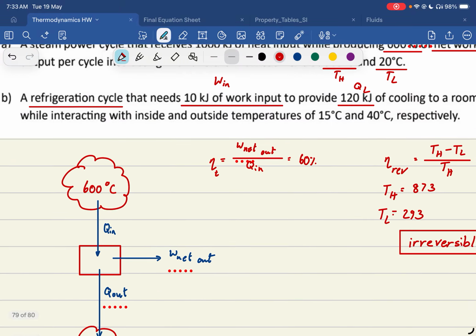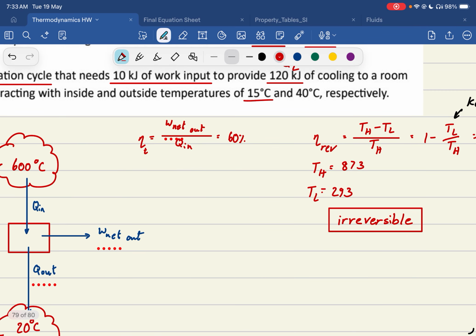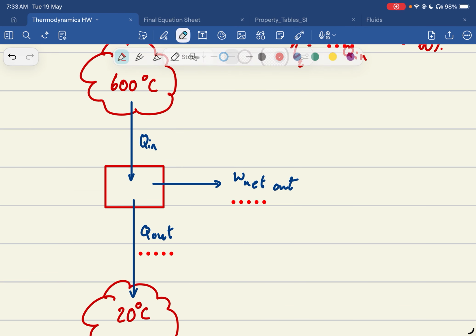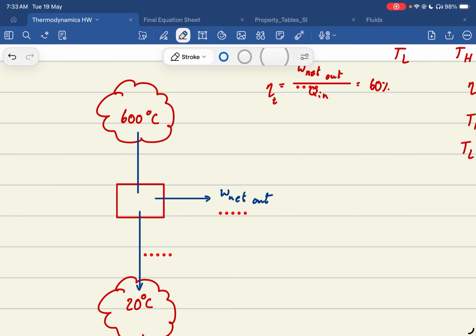And the room inside and the outside have temperatures, this is TL and this is TH. Now how it is different: instead of using Q in and Q out, you use QL and QH, and instead of work out, it's going to be work in.